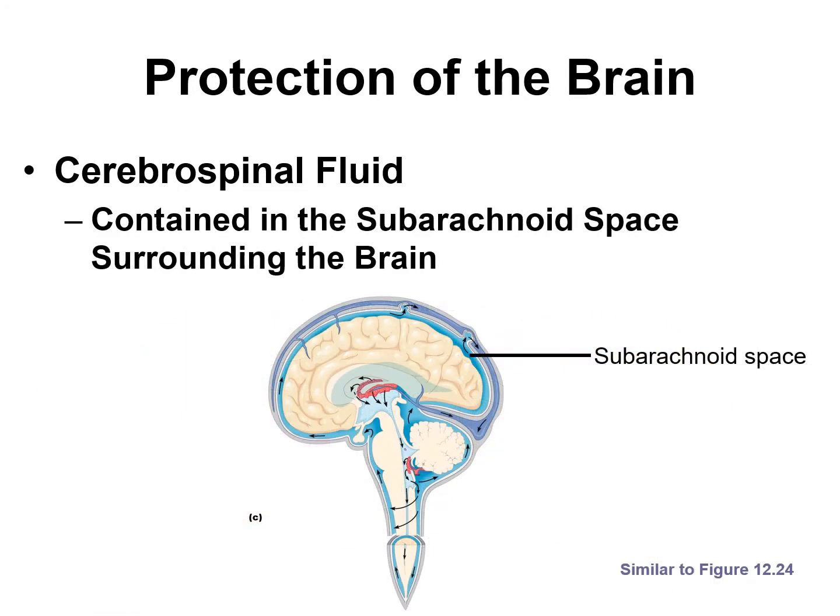Let's now look at a sagittal section of the brain and spinal cord. In addition to cerebral spinal fluid being found in the ventricles of the brain, it is also found in the subarachnoid space. So cerebral spinal fluid is made at the choroid plexus, and there's one in each ventricle. Here are the ones of the third ventricle and fourth ventricle.